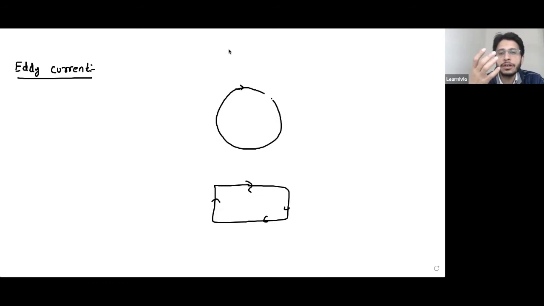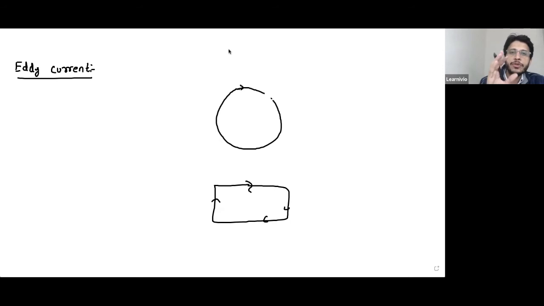For the induced current that we have discussed till now, you need a closed circuit, a proper coil. But for eddy current, you need a bulk piece of conductor. You can have a mobile, a plate, a piece of iron, and even in that piece of iron you can get some eddy current.